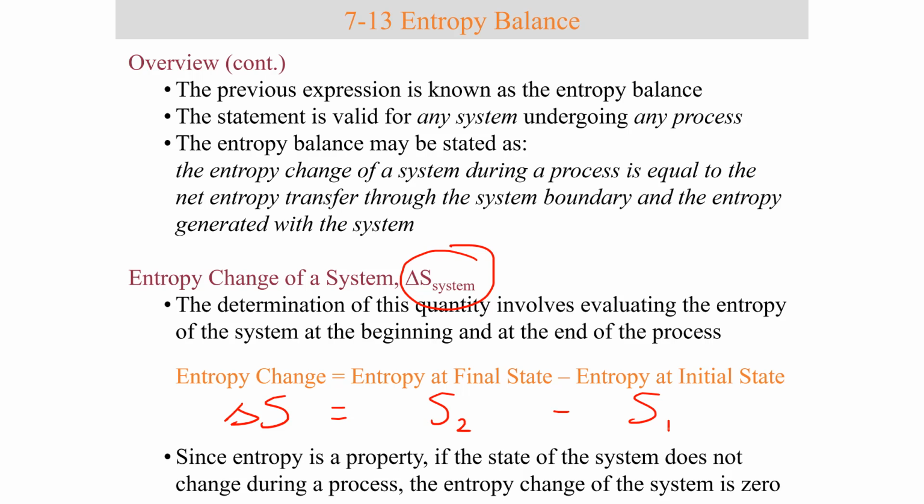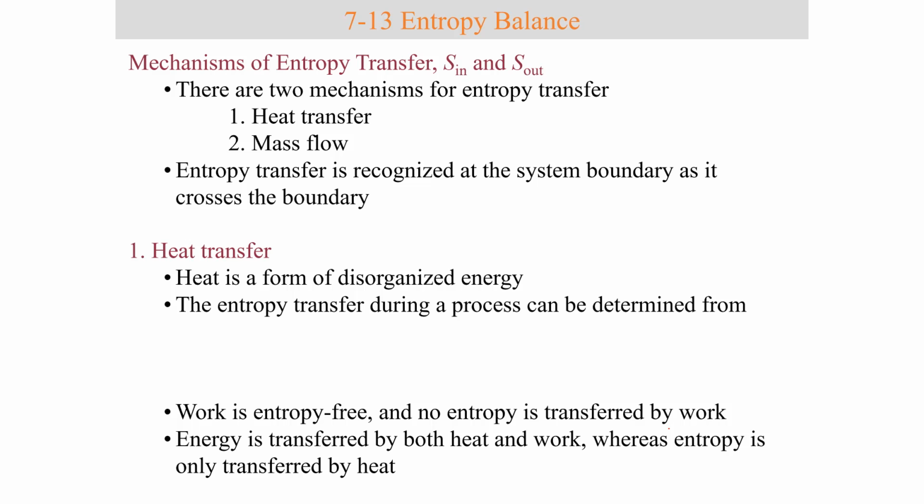So you can evaluate that as a property, much like we have done up to this point. Now, as for the entropy transfer terms, S in and S out, well, entropy transfers by two mechanisms, by heat and by mass. Entropy transfer is recognized at the system boundary as it crosses the boundary, in the same way that energy transfer is recognized at the system boundary as it crosses the boundary.